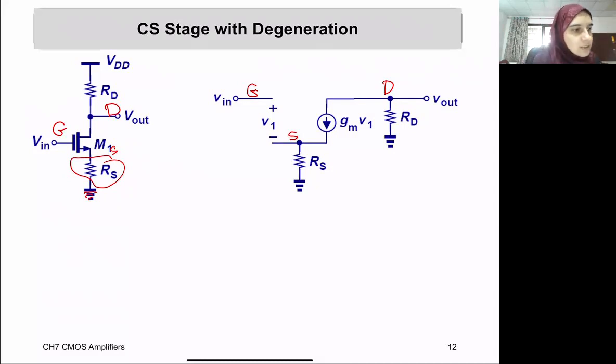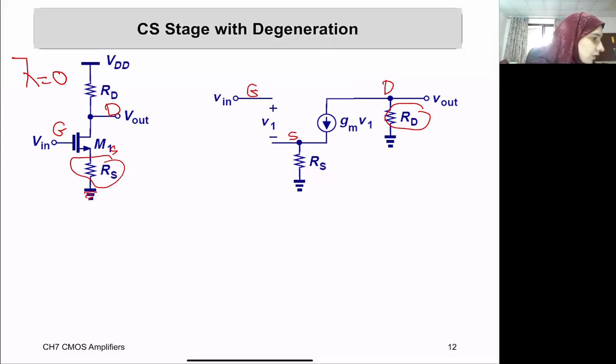Then we will replace this value of RD with the impedance that we are seeing on that transistor. But for the easiest case, let's assume it's just an RD here. Here you can also assume that lambda equals 0. That's why we are ignoring the R out that should appear in the small signal model, just for the sake of simplicity.